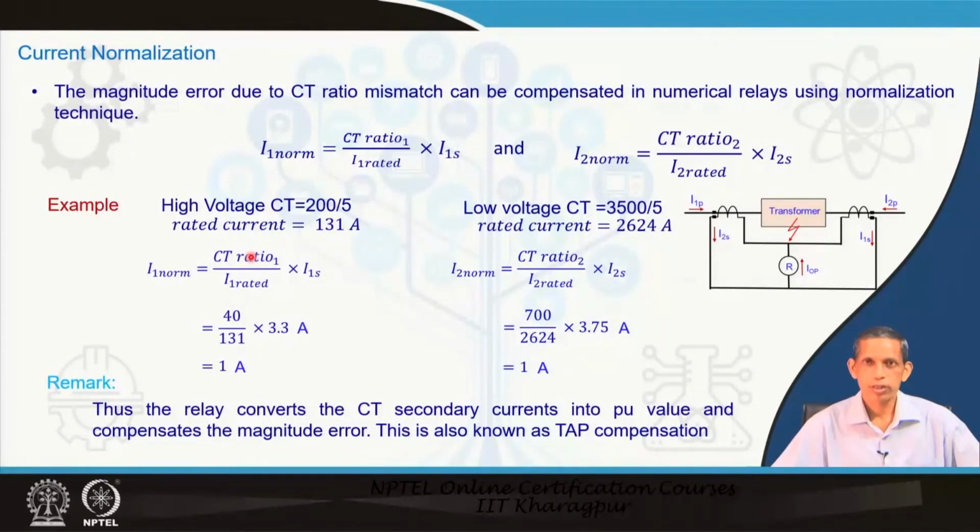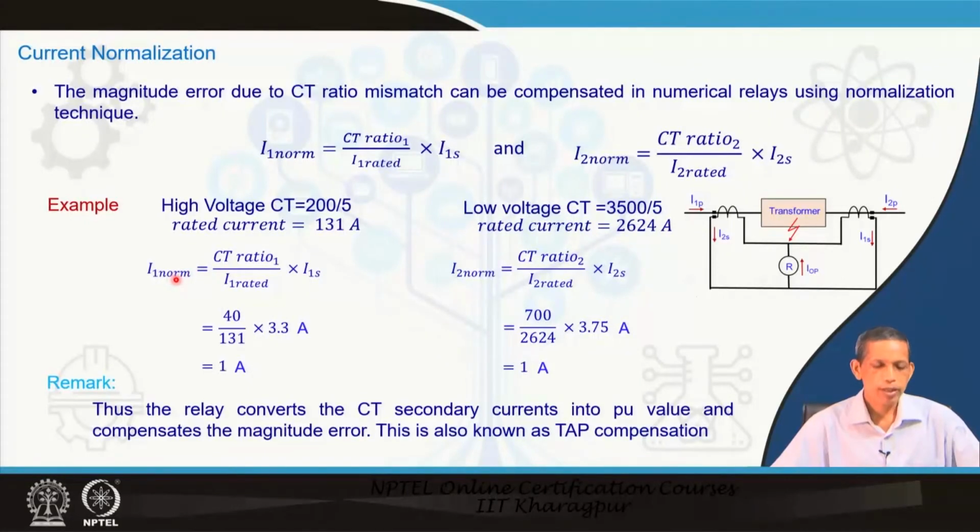Now, let us consider the example which we have considered for the 9 bus system, where we have the 50 MVA transformer. Note the conventions which we are using, already mentioned, for this kind of CT polarity connections. The high voltage CT we have considered fixed at 200 is to 5, and the rated current we have already found out is 131 ampere.